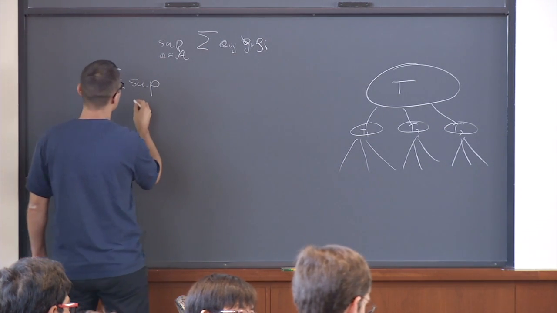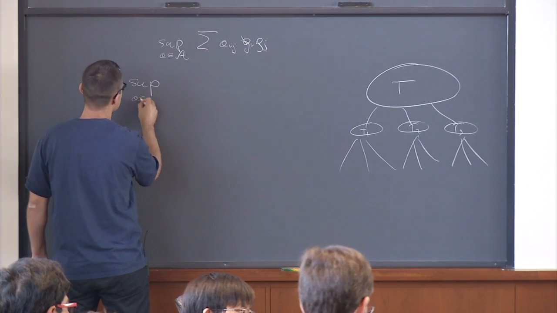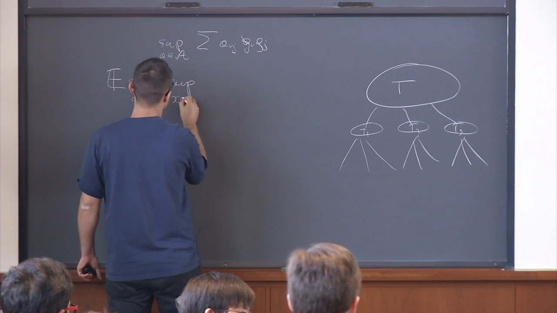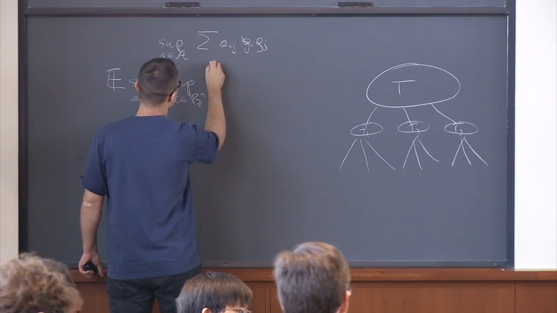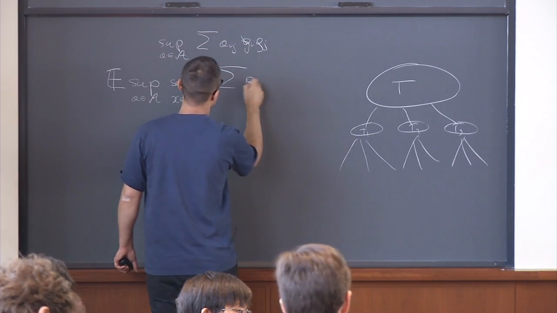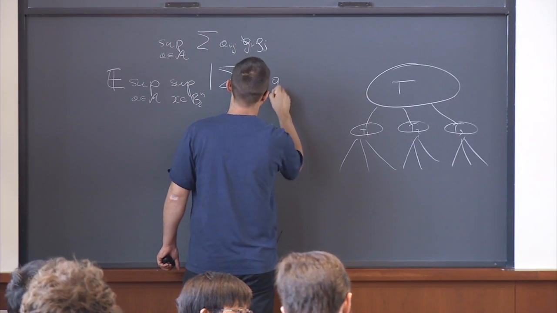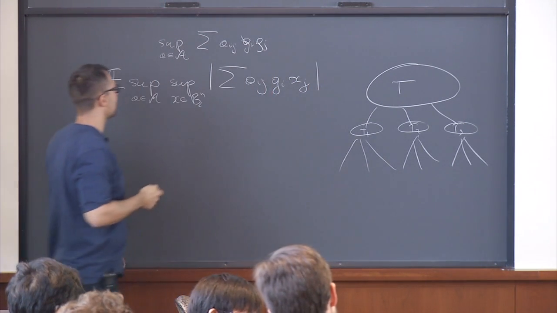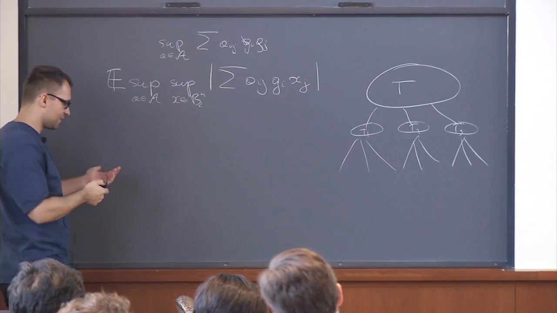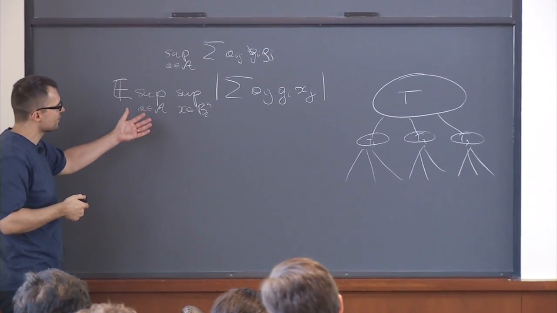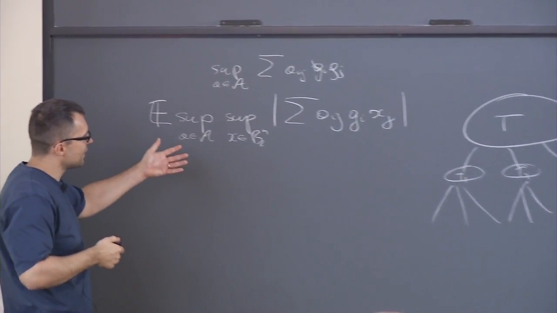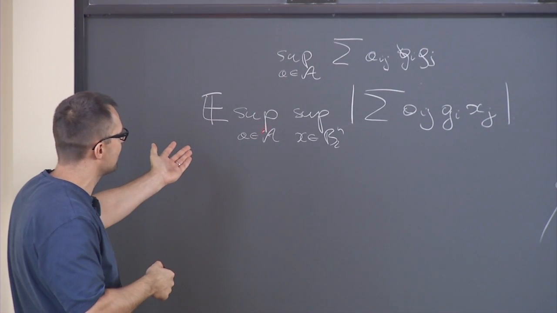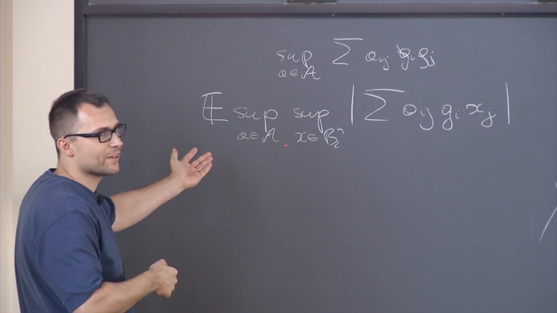So then you will have the supremum over A, for example, the supremum over x in the unit ball B_2^n, of something like that. And this is the coefficient that enters the tail inequality. And well, this is just a number, right? But to estimate this number, in general, it will be difficult, right?